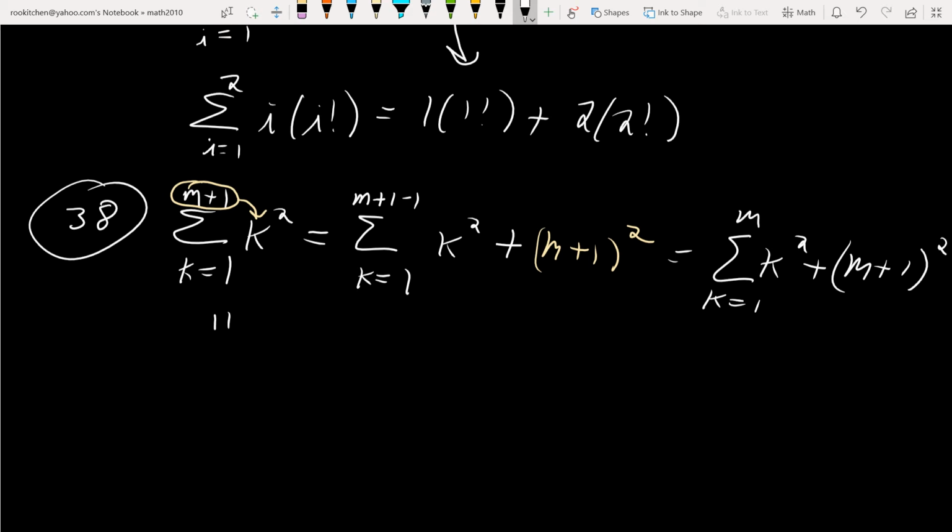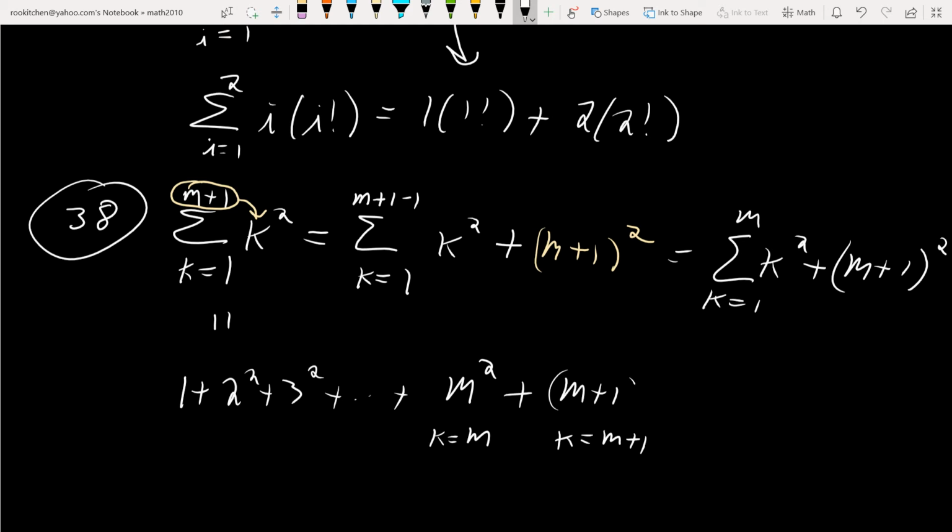So this thing is also equal to 1 plus 2 squared plus 3 squared plus dot dot dot plus, the last one is m plus 1, so the one before it must be m. So plugging in m, you get m squared plus (m plus 1) squared. And you see that (m plus 1) squared is that last term you separated off.